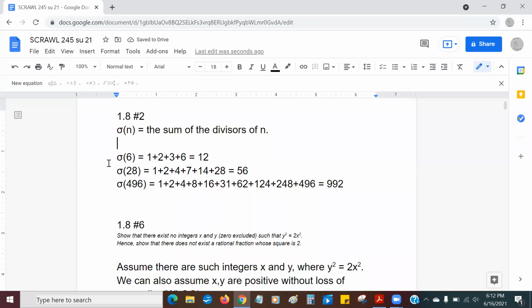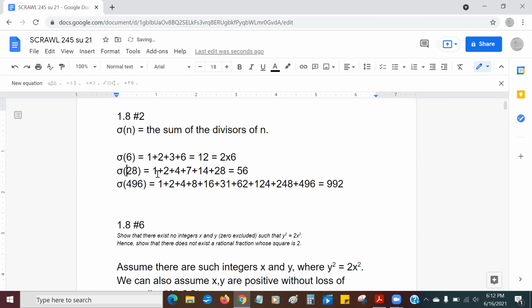And what are the divisors of 6? 1 is a divisor, 2, 3, and 6. These numbers all go into 6. 1 plus 2 plus 3 plus 6 is equal to 12. And for you math geniuses out there, 12 is equal to 2 times 6. But I'll just write that explicitly, in case you didn't pick up my point. 2 times 6.